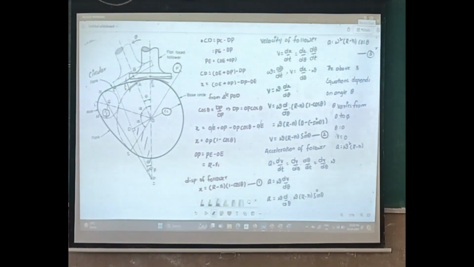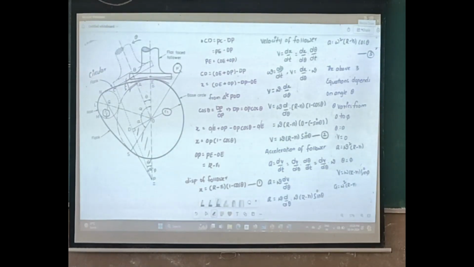If theta is equal to pi, what is the velocity? V is equal to omega into (R minus r1) sin pi, and acceleration A is equal to omega square into (R minus r1) cos pi.